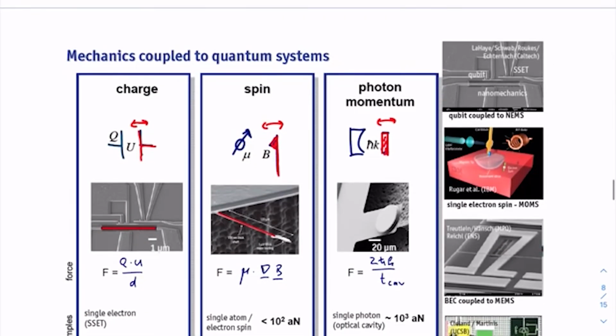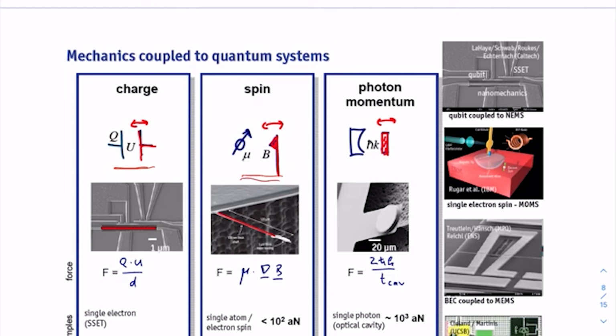One of the biggest advantages of a mechanical solid state system is its functionality. Say, if we put a conductor on the top of a mechanical system, just like here, it gets coupled to charge. If we put something magnetic on the top, just like here, it gets coupled to spin.